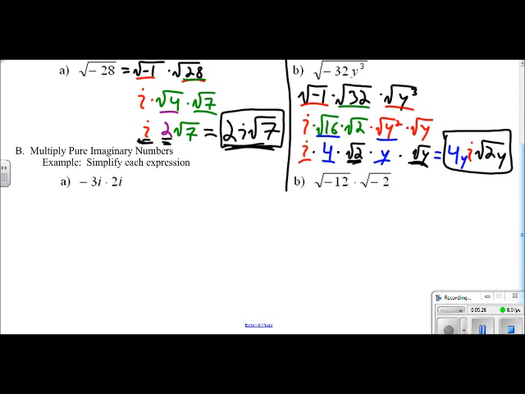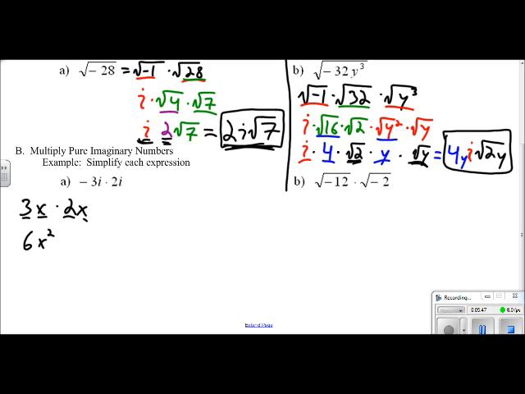Moving on to multiplying these imaginary numbers. Multiplying them will be just like multiplying if we had coefficients with variables, so like 3x times 2x. We would multiply coefficients together to get 6, and our variables together to get x squared.